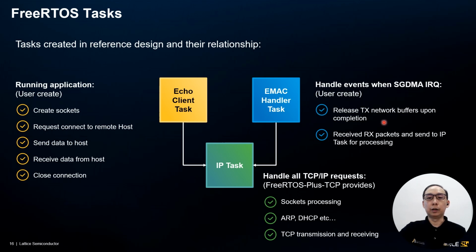The handler shall release the network buffers upon a transmit completion, and for receiving packets, the handler will process them and then send the packets to the IP task. And at the bottom is the IP task created by the FreeRTOS plus TCP stack. This is the task that is responsible for all the socket processing, handling the protocol needs such as ARP, DHCP, and others, as well as the TCP transmission and receiving.